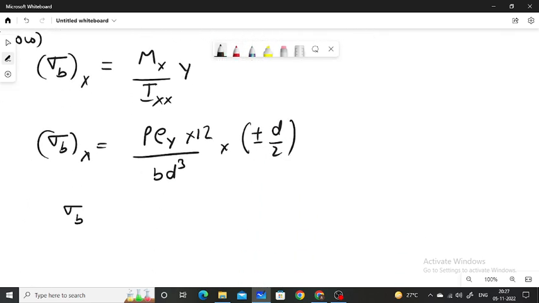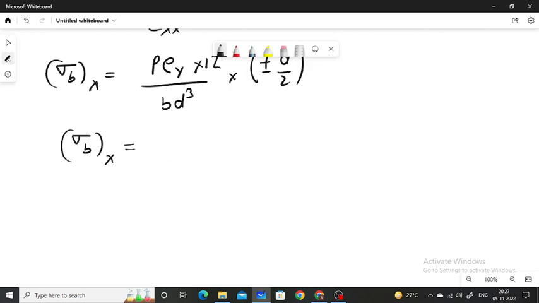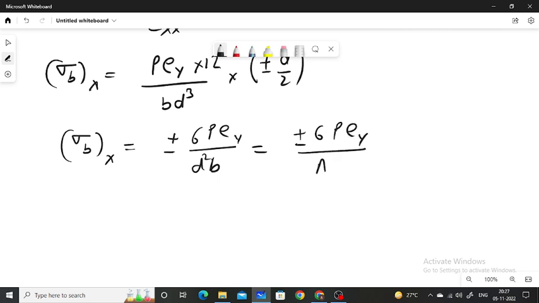So the bending stress about the x-axis will be plus minus 6 Pey upon d square into b, or plus minus 6 Pey upon area into d.